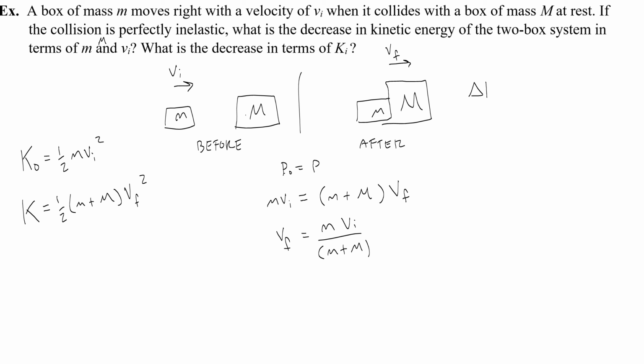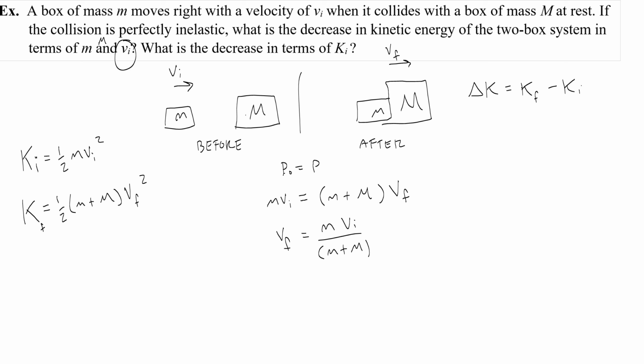If I try to find the change, delta K, oh, sorry. If we're using I's and F's, I should call this Ki and Kf. I'm so sorry. Take it up with College Board. I would want to call this Kf minus Ki. So if I plug those two equations into each other, I'm going to get an answer, but it won't have Vi in for the final velocity.